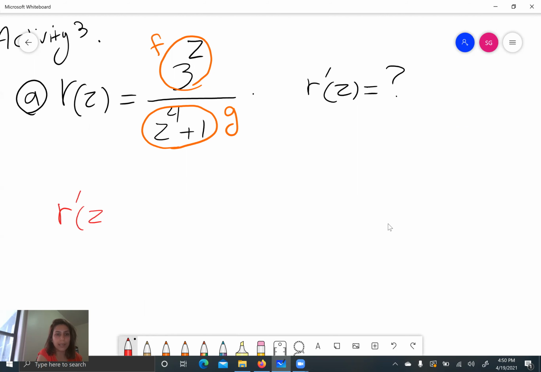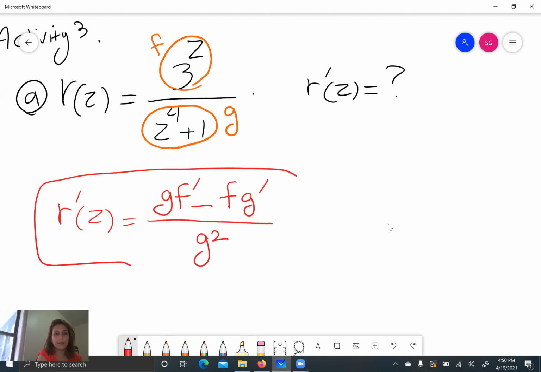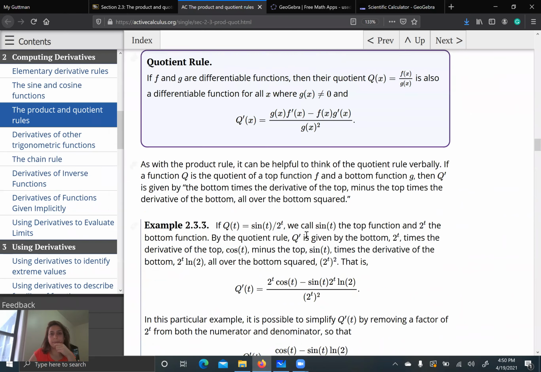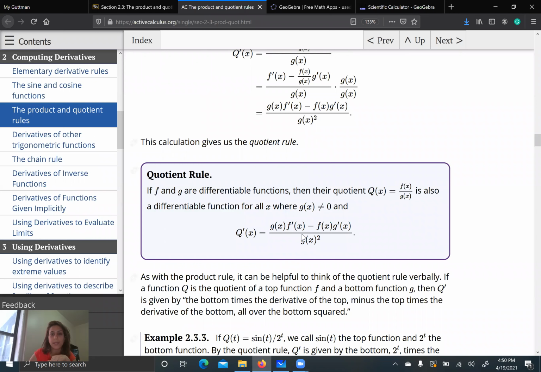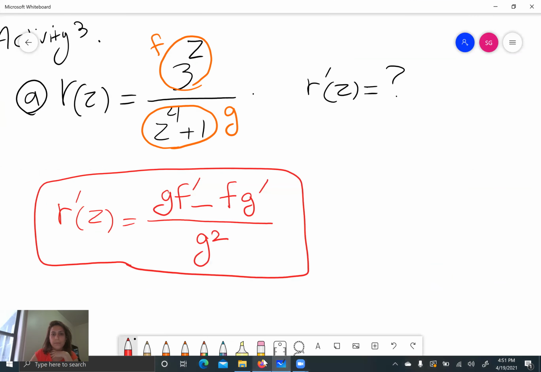R prime is going to be G F prime minus F G prime, divided by G squared. Oh, I'm sorry, not product rule, quotient rule. That is the quotient rule: G times F prime minus F times G prime over G squared.